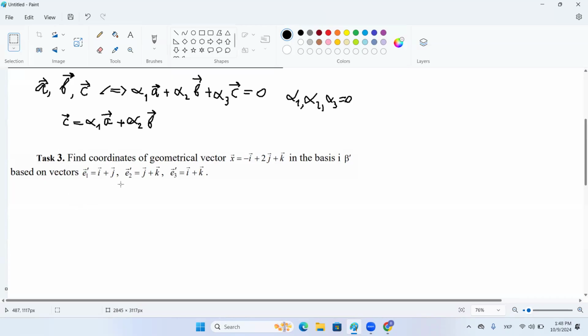Who remembers how to solve? A couple of lessons ago with vectors we solved a system of equations, but now we will do another thing with that. So we will solve it in another way. Who remembers?